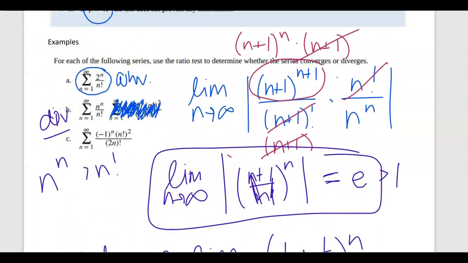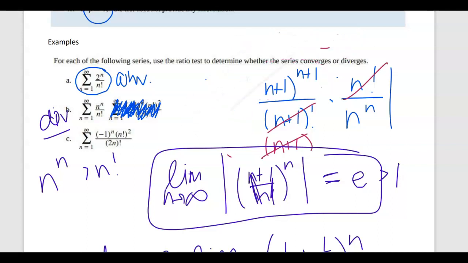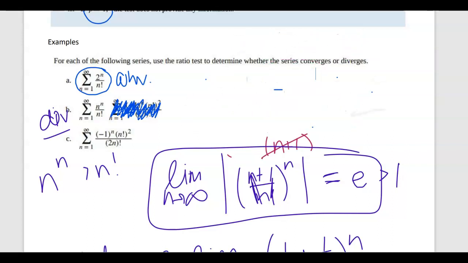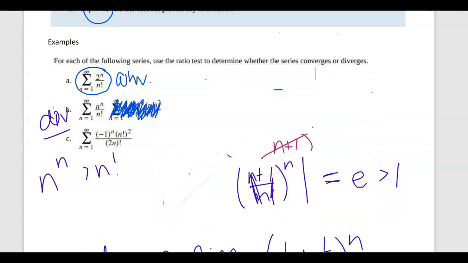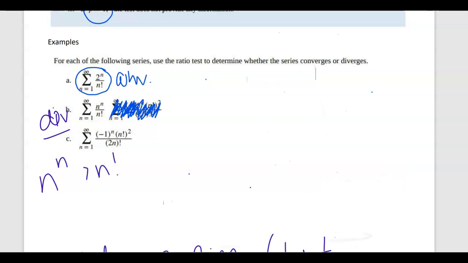Okay, let's go ahead and look at this last one. So this one's going to have that negative 1 piece in there because we're doing absolute value. It's really not going to come into play, but we'll still include it, and I'll show you what happens there.